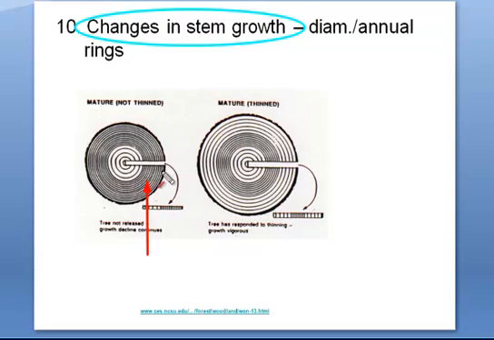You can see how close they are to each other, and each ring, of course, is a year. But if some of the trees die, that leaves more room for this particular tree to grow, and you can see how the growth rings get larger. And so the advantage of a disturbance for some trees that remain is larger growth in diameter.